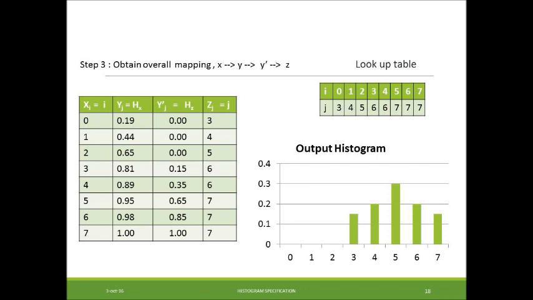So that value is also defined. Now for i equal to 4, we have Hx as 0.89. So correspondingly in Hz, we can select the intensity value of 6. So we can say that for i equal to 4, we have j equal to 6.